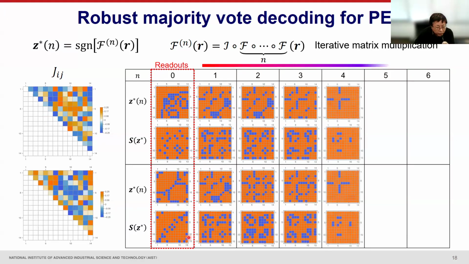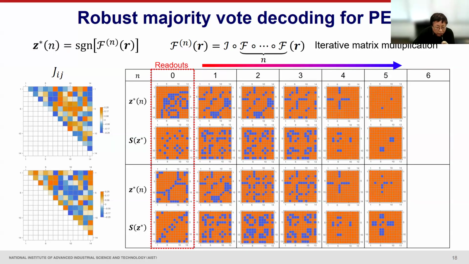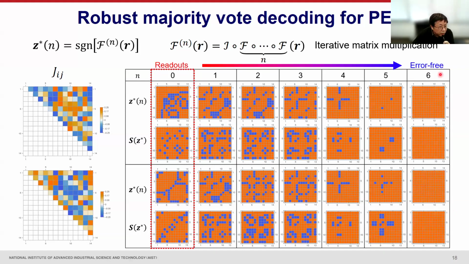We calculated error patterns for inference Zn by using this equation for increasing n values. The result is here. And at n equals 6, we achieve error-free state.